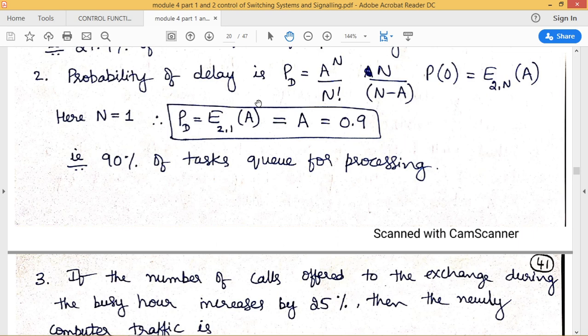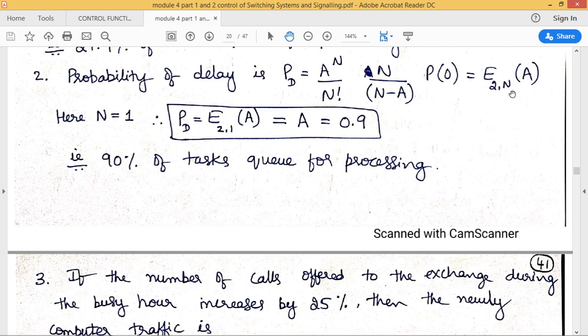So let us consider the second scenario in which only one processor is working. If only one processor is working, then n is going to become 1, because the other processor is out of service. We know the probability of delay observed by a queuing system is given by this equation, and of course it is E2,n of a.